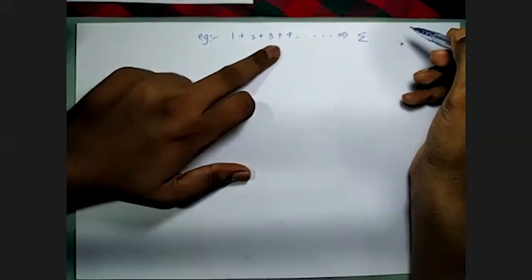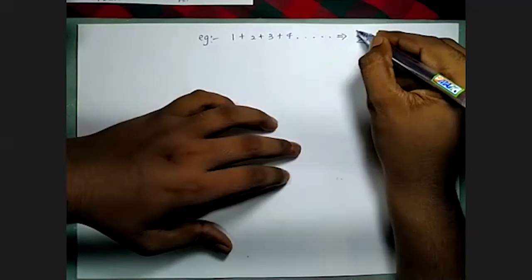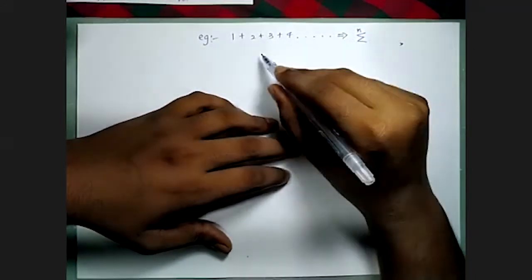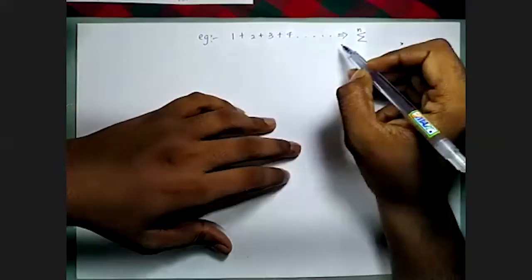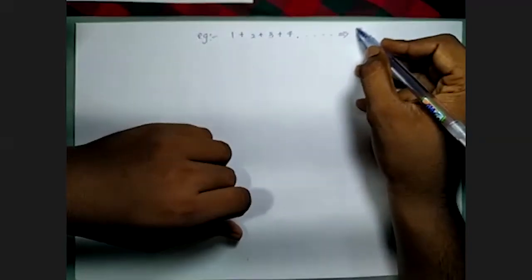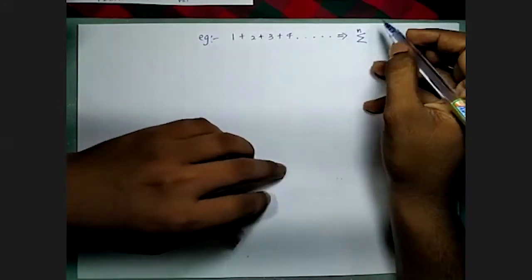So this series continues to the nth term. The last term of the series that you will be given is n. If not, we will mention. Sometimes it can go up to 2n, n plus 1 like that. Generally it is n.